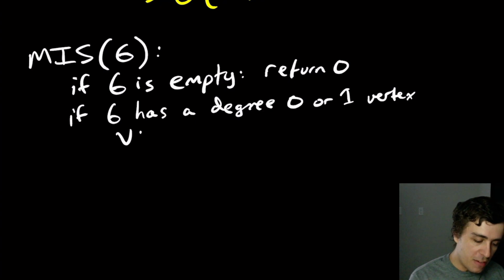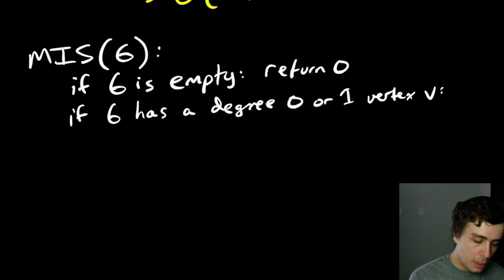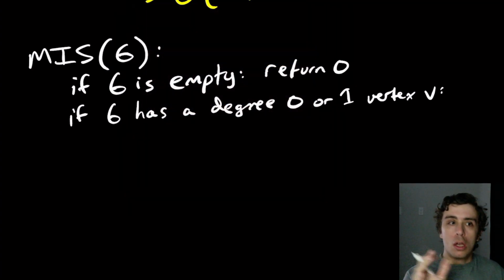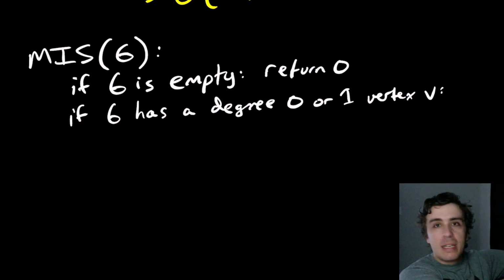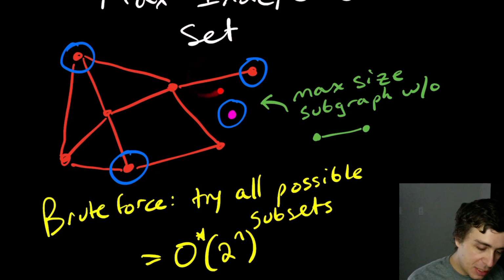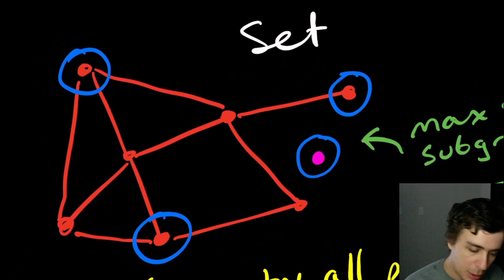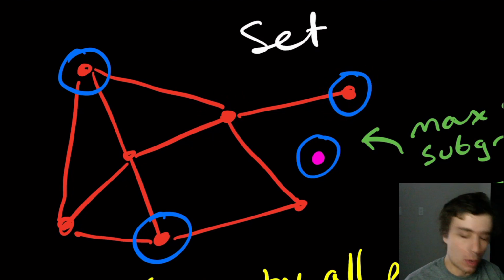let's call it V. Actually, I'm going to put it over here. Then what we're going to do is return whatever the maximum independent set size is other than this edge right here, essentially. So let's look at this a little better. Suppose that we pick this one now. Well, we can't pick this vertex anymore.